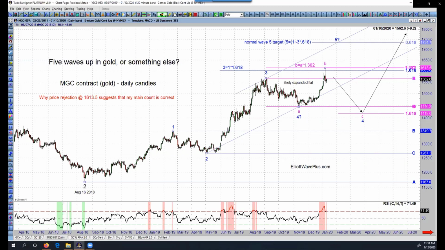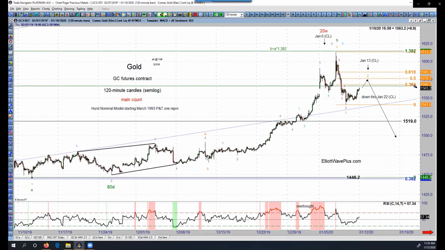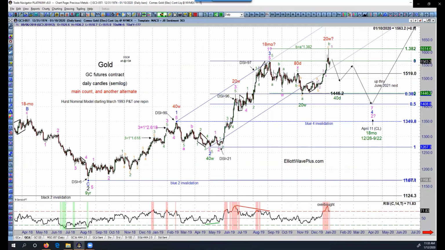And that is why, when I look at my wave count, I've been refusing to expect a breakout beyond this level that we saw, where the high tick so far is around 1615.